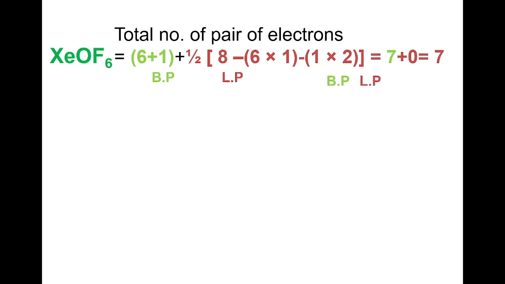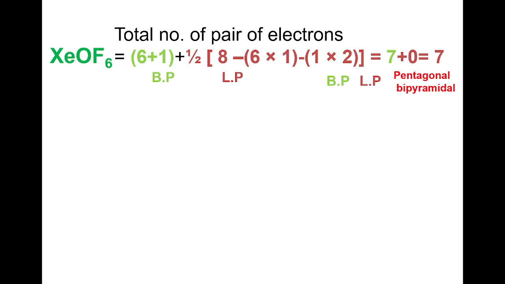Then half bracket 8, 8 is the outermost electron of xenon, the central atom, minus the surrounding atoms 6 fluorine, 6 into 1, the valency of fluorine. Again you have to subtract the surrounding atom oxygen, 1 into the valency of oxygen 2. So in this way we will get 7 bond pairs of electrons, 0 lone pairs of electrons. The shape will be pentagonal bipyramidal.